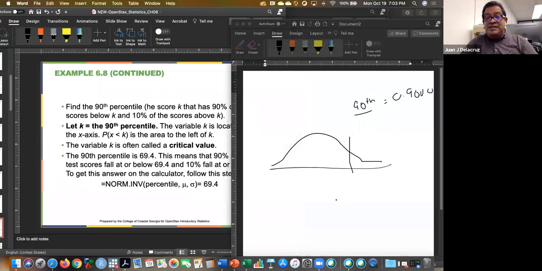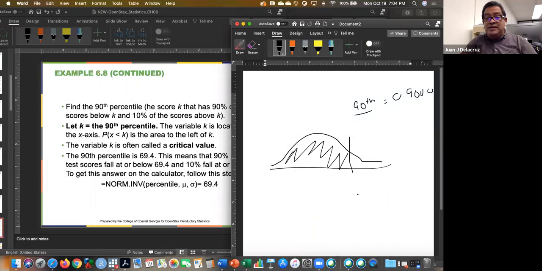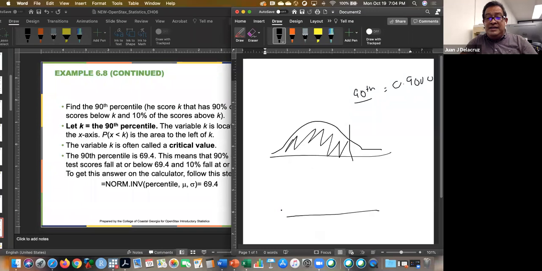So what we're gonna do, basically, we have the area to the left, right? So this is the 90th percentile. What we are gonna find is the X that falls here, right? So we have mu, we have sigma, and then I'm gonna find the X value here. That's what this formula is gonna tell me.